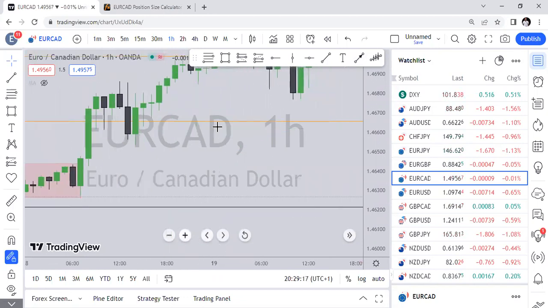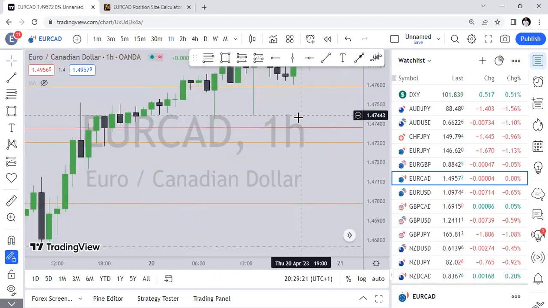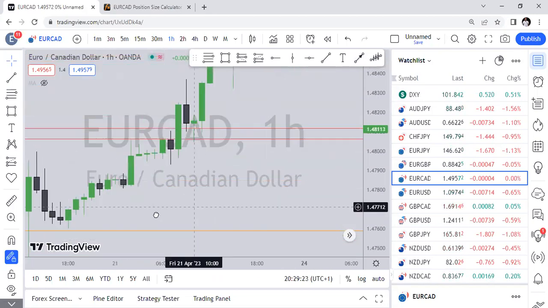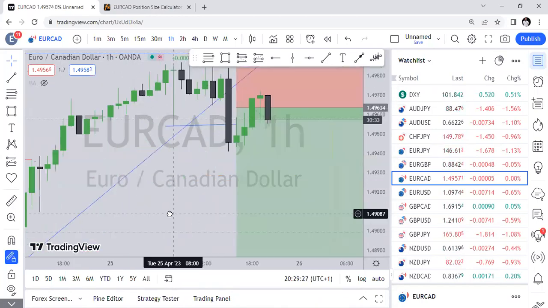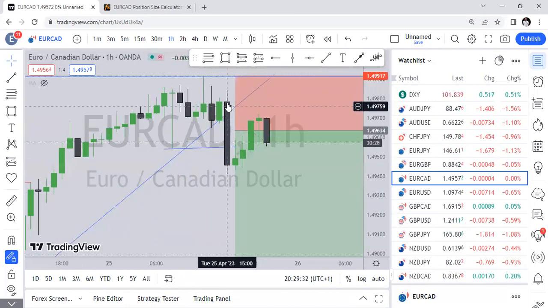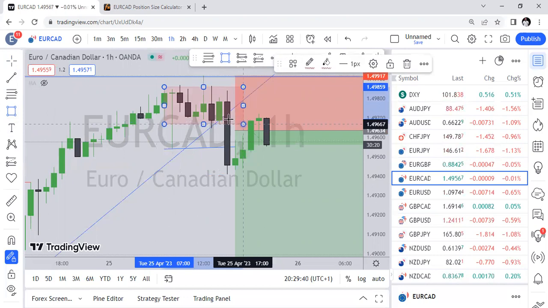So you want to always look out for engulfing candles like this, especially at a point when you are about to enter the market, and there is somehow indecision, like here. You noticed that price was indecisive.